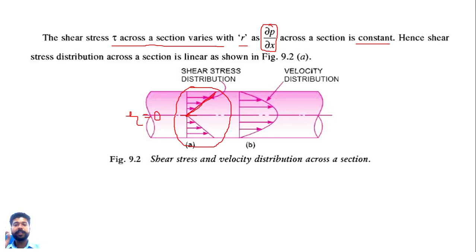Whenever you go towards the peripheral side of the pipe cross section, the shear stress also increases with the increase of radius. Okay. So we can conclude that tau increases with the radius of the pipe.